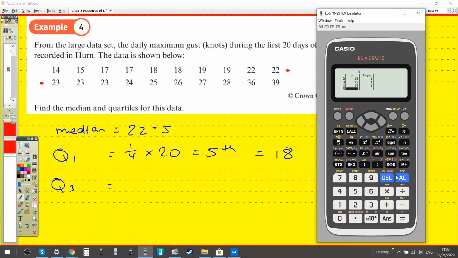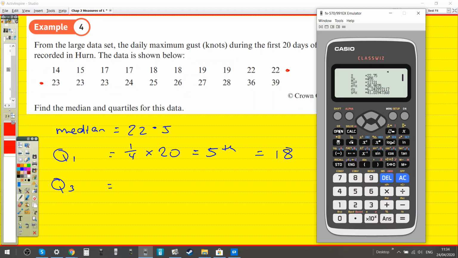Okay, 25. Now I want to try your thing, putting them in a frequency table. I'll just do everything with a frequency of 1, just so I don't make any mistakes: 19, 22, 22, 23, 23, 23, 27, 28, 36, 39.